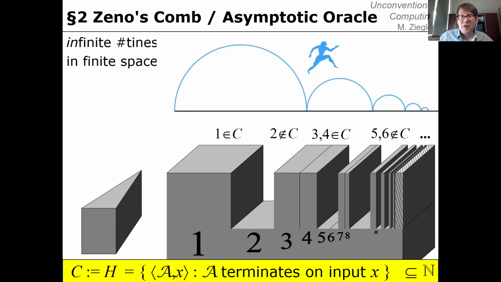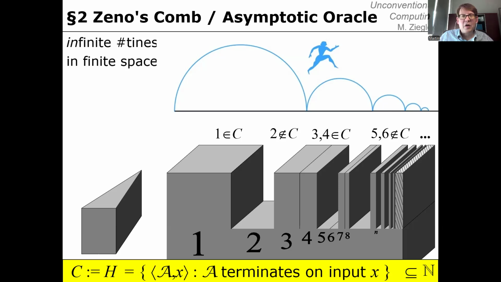That would be very helpful. But how to produce this? In order to produce it in the first place, we may need to solve the halting problem first, and then use these answers to the halting problem for a machine, maybe some atomic force microscope, moving atoms in place to create such a Zeno's comb.